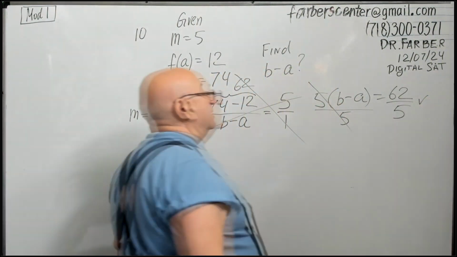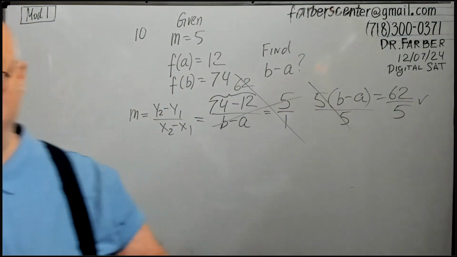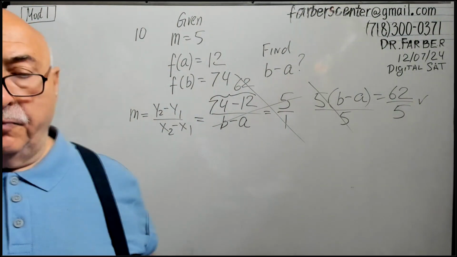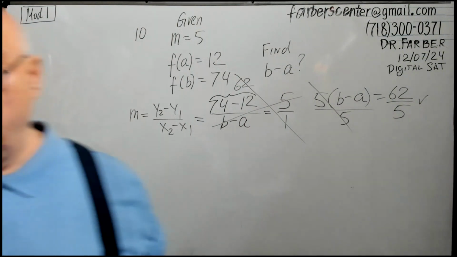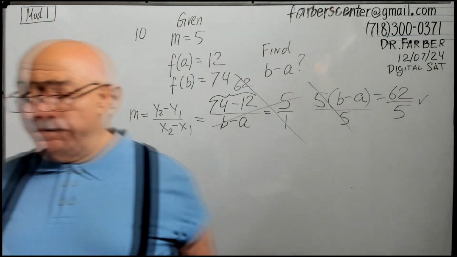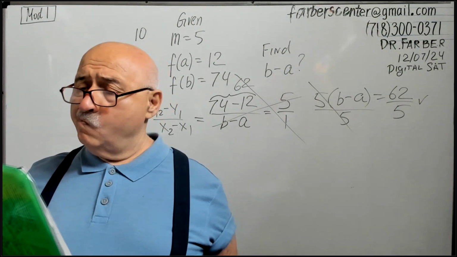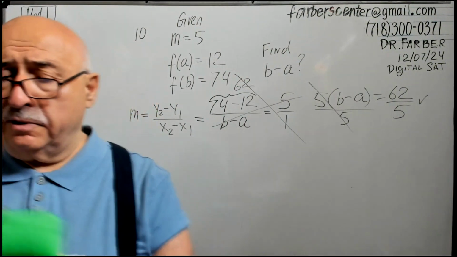You can make a mixed number or decimals, whatever, but understand this concept. You see, so far I don't go beyond what we did in 7th grade. Slope, nothing else. That was number 10.